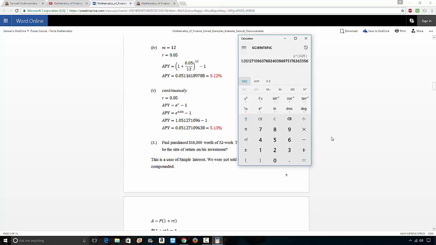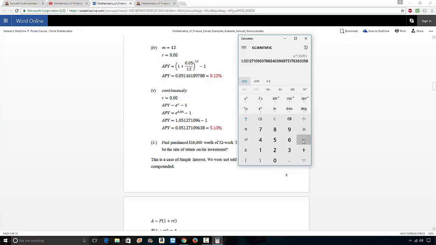There are some calculators that you are going to use and you do not need to press 0.05 first. But if you're using a calculator on your computer, you have to press 0.05 first before you now press e to the power x, and it gives you this.